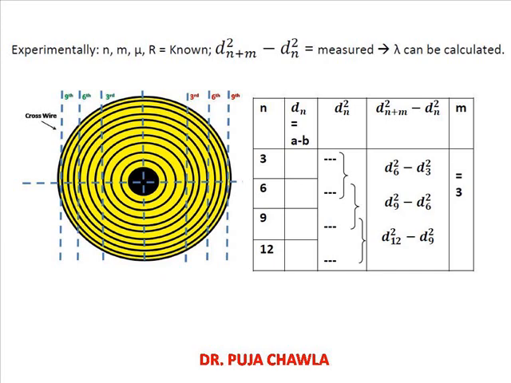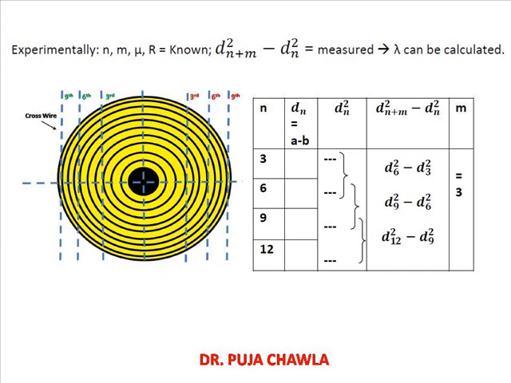So experimentally, I have determined the value of m and the value of Dn plus m square minus Dn square. R, the radius of curvature of the plano-convex lens, will be given by the manufacturer. By substituting the values of all these parameters in the theoretical formula of lambda, as we have shown on the previous slide, we may determine the value of lambda experimentally.